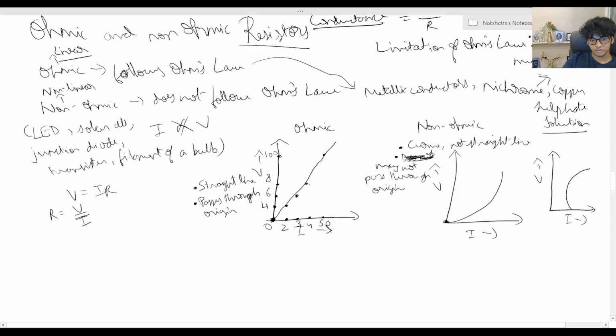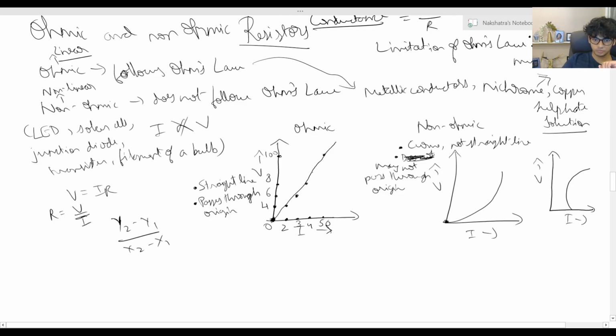Let us try to find the slope of this graph. The slope of this graph is always y2 minus y1 upon x2 minus x1. This is the formula of a slope, right? So if you take 2 points, the y of the second point minus the y of the first point upon the x of the second point minus the x of the first point, right?